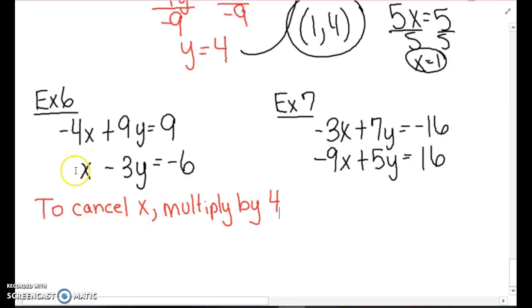If I multiply x by 4, it's going to be positive. So does this 4 need to be negative? No, it needs to be positive. So to cancel out x, you would multiply by 4, the bottom equation. Or you could cancel out y.